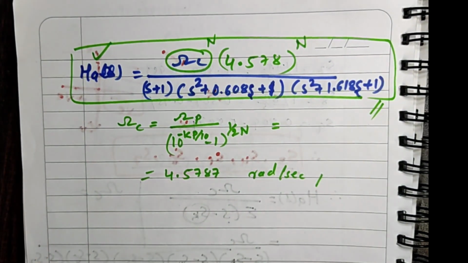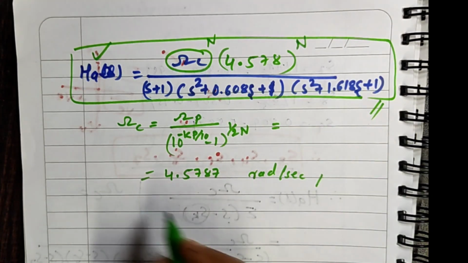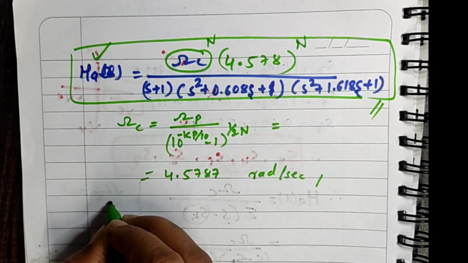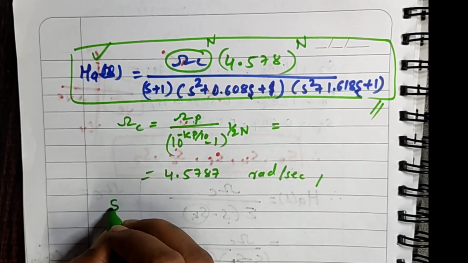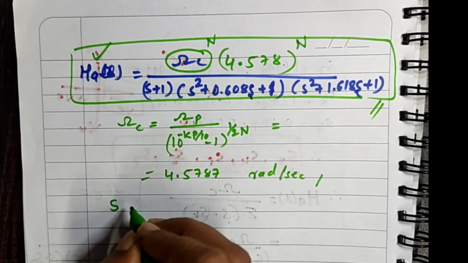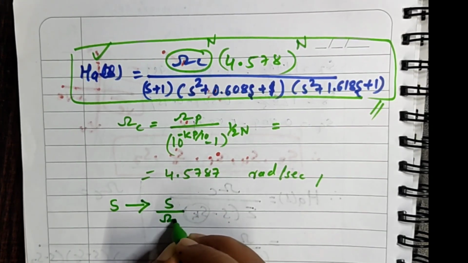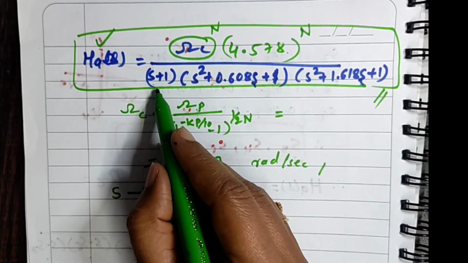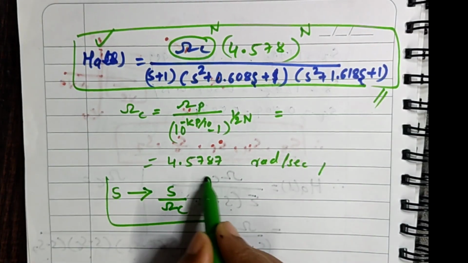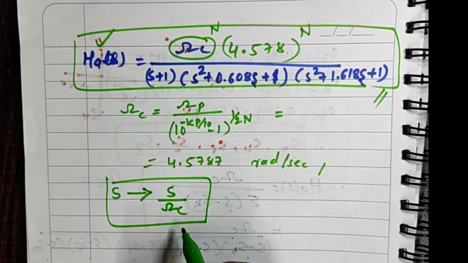If at all they specify to calculate the digital filter, then since it is a low pass filter, if we would like to express it in the frequency domain, like a transformation, then S can be replaced by S by omega C. Wherever we have S, if you replace this S by omega C, then that will be in the frequency domain.